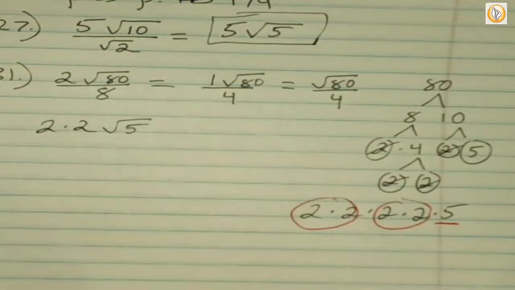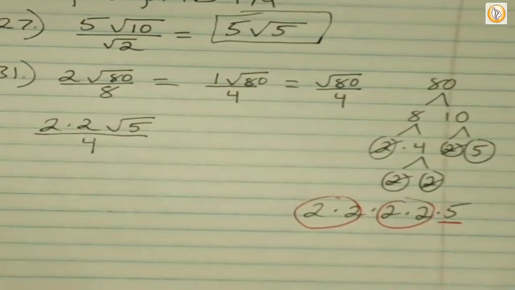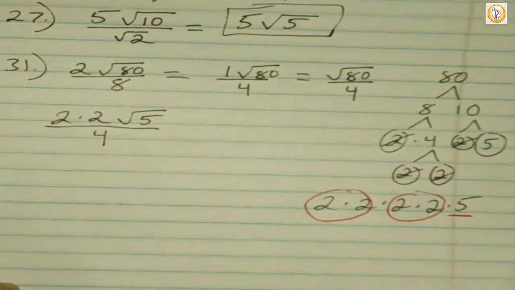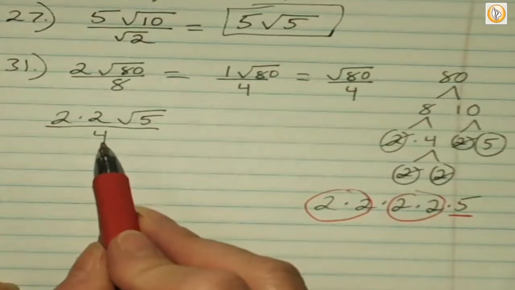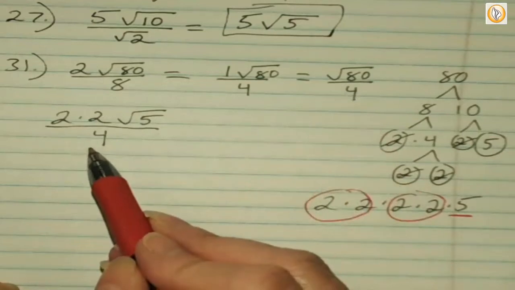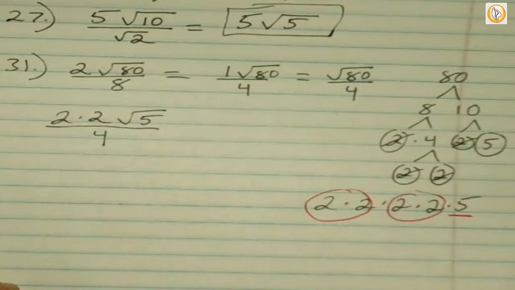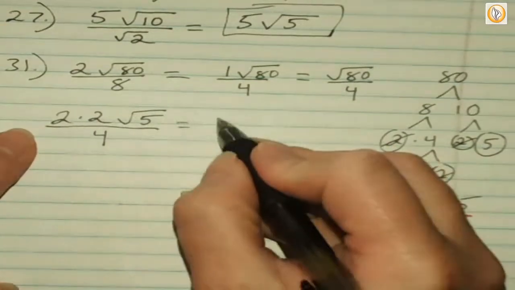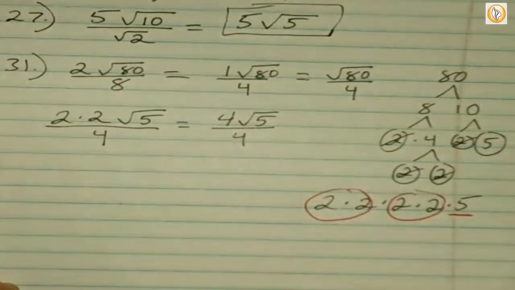The 5 goes on the inside, and it's all over 4, correct? Write that down. Kelly, do you understand why I put a 4 under here? It's because that 4 is still there. And we took the radical square root of 80 and we've simplified it. So now that becomes 2 times 2 is 4 times square root of 5 over 4.